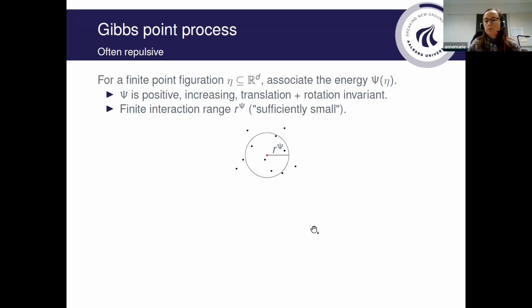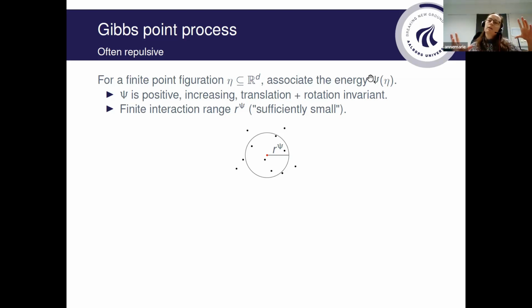Okay, so the third example is an example of a Gibbs point process. This is a model that comes from physics, and it's most intuitively explained in terms of an energy functional psi. So if you have some finite configuration of points, then you can associate to it an energy.